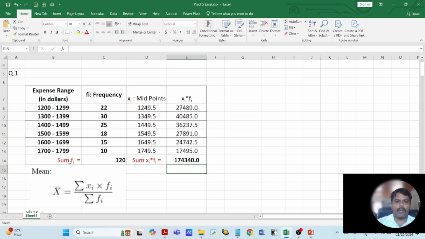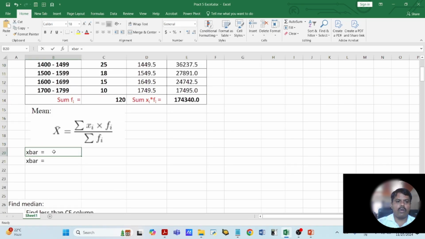Now put this sum of xi fi and sum of fi in the formula of x bar and find the x bar. So how we write: sum of xi into fi divided by sum of fi. In the next line, type 174340.0 divided by 120.